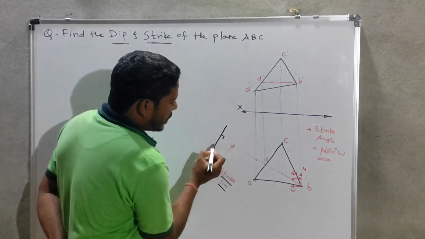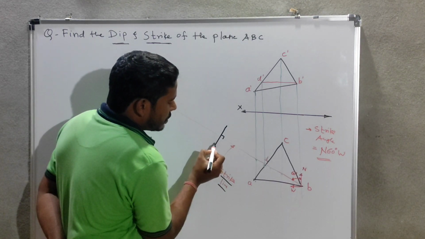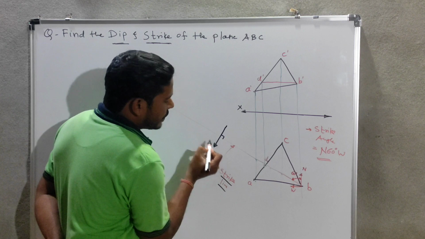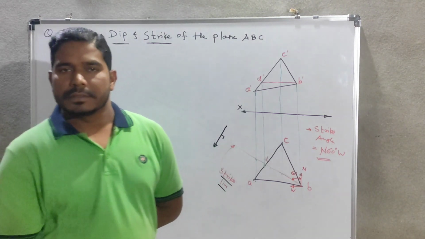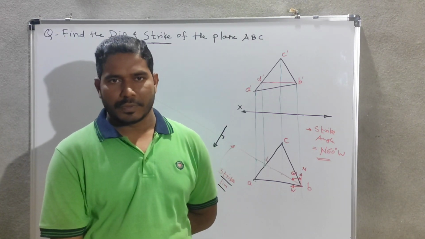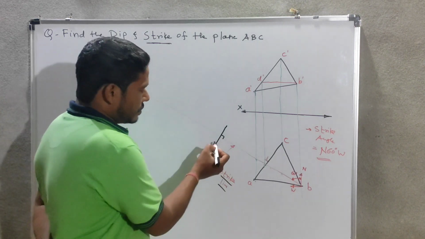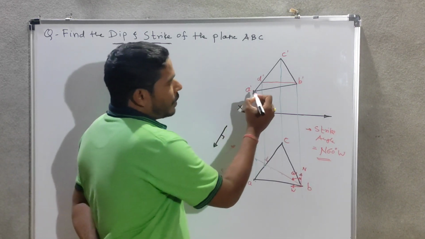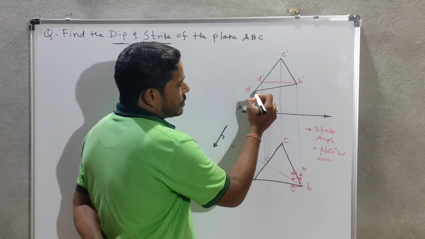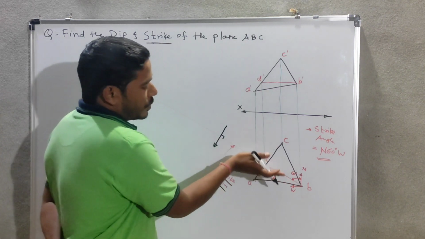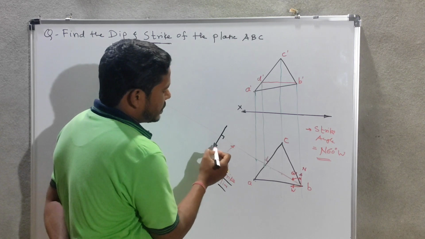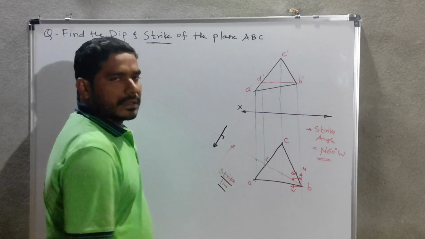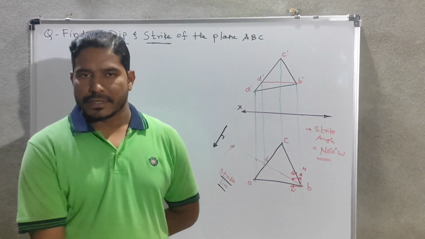So in this way we have to show the dip direction. I have shown this dip direction on this side because the point in the lower side region is on the lower side of this strike line. That's why I have shown it in the downward direction.